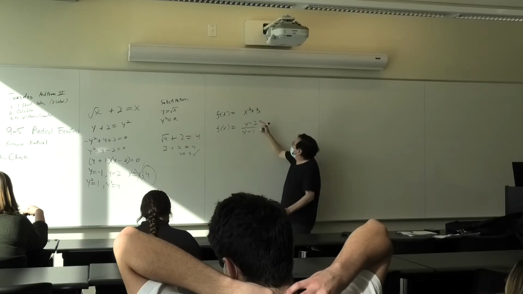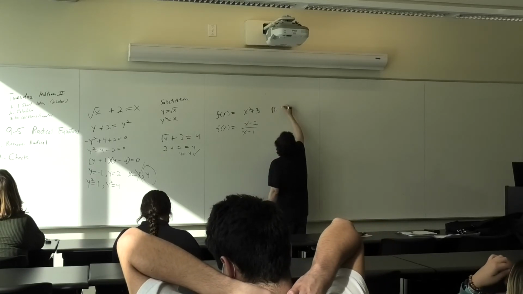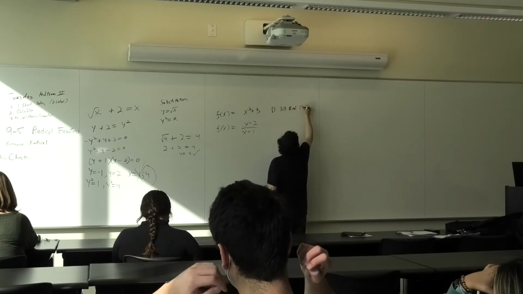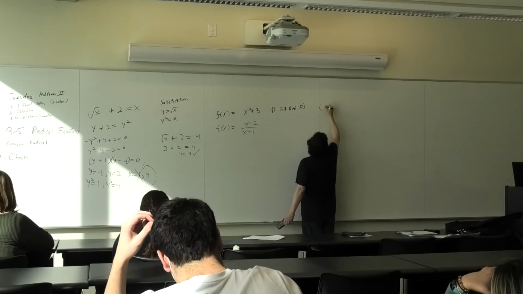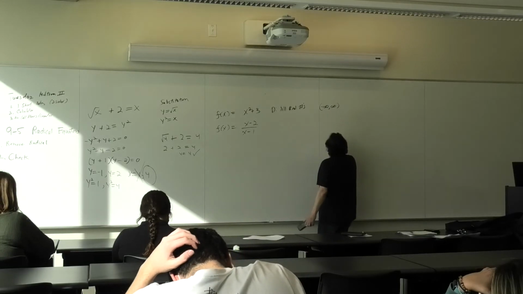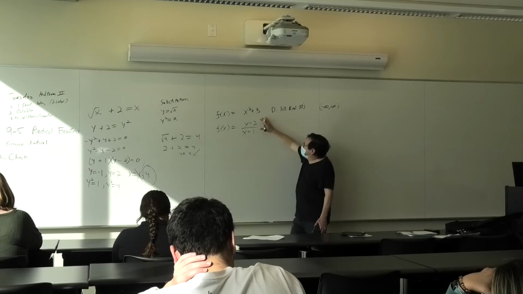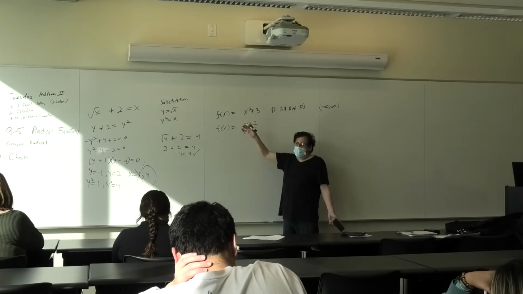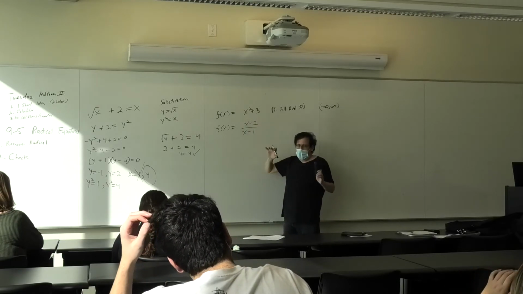So the domain is all real numbers. Another way to write that is the interval from negative infinity to infinity. If I just show you a function and haven't said what the domain is, you have to look at it and see what the maximum it could be.